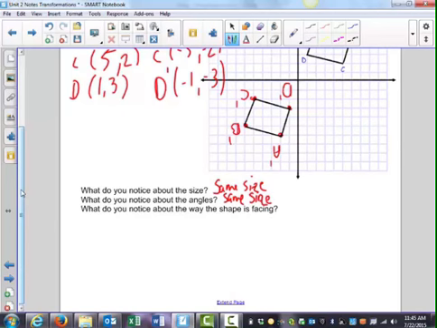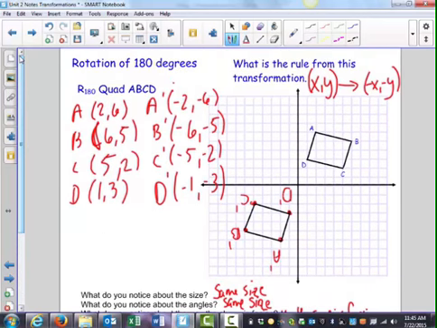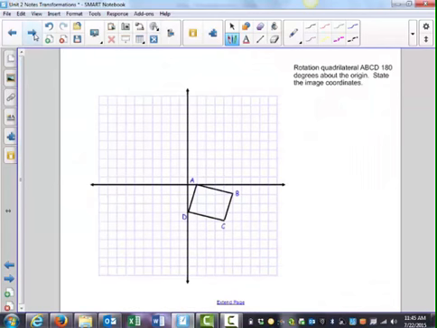The way the shape is facing has changed. Okay, good. All right. If you have any questions, bring them to class. Okay, if I'm going too fast, pause it and wait and then get caught up.